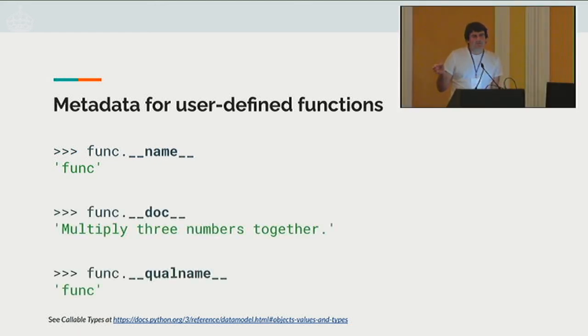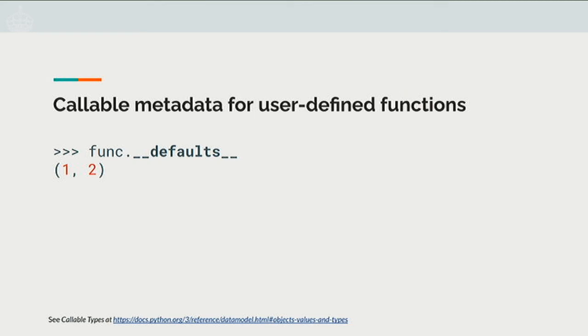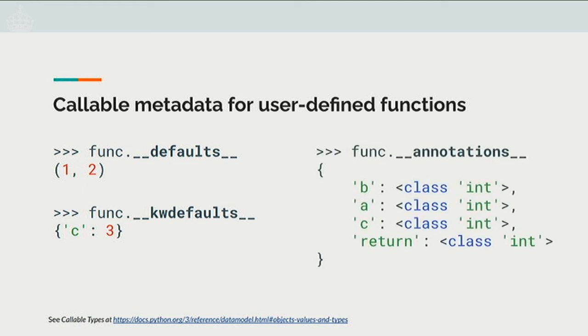You've also got the qualified name, so if your function exists in, say, some deeply nested package, you can find out what the fully qualified name of that function is. You've got the default values for positional arguments available at this dunder property. You've got the keyword defaults available as another dunder property. And you've got the type annotations there that you can access.